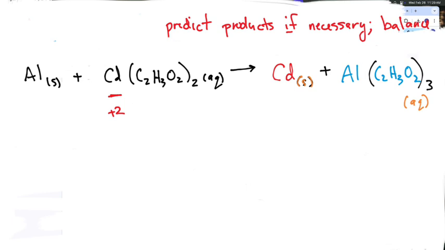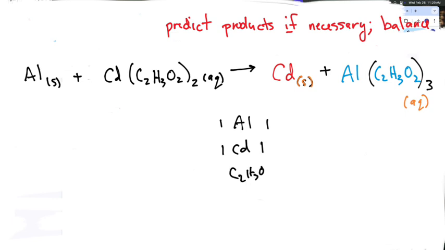What was next? We got our products. Balance. Did we balance it? How do we balance? Aluminum. How many aluminums? 1 and 1. So that looks balanced. How many cadmiums? 1 and 1.